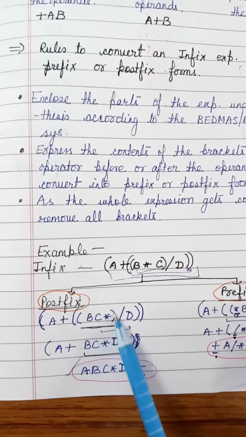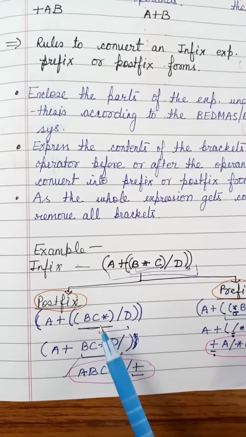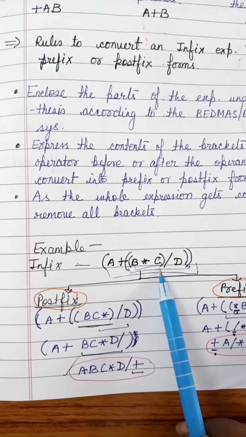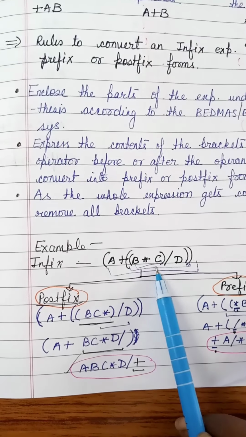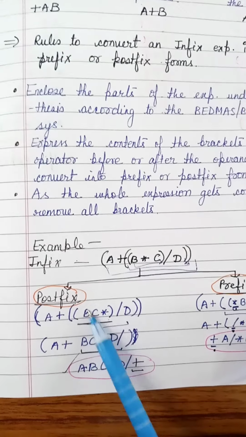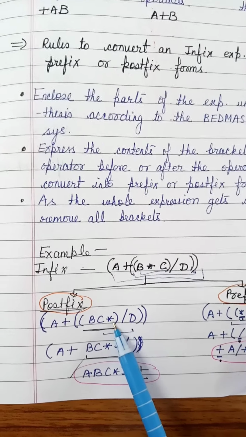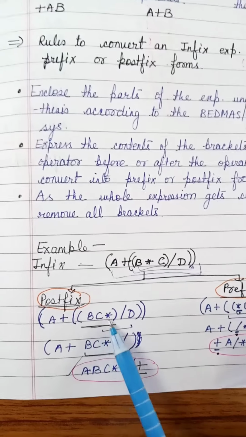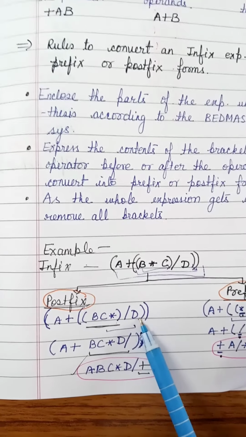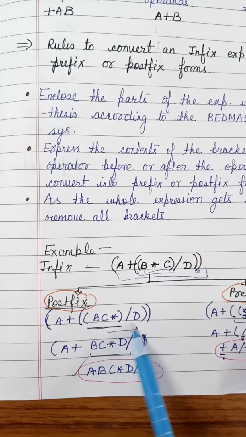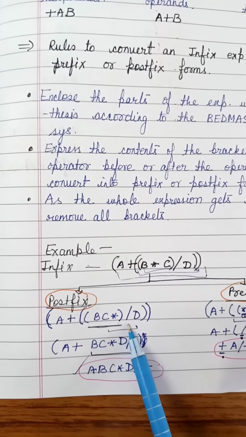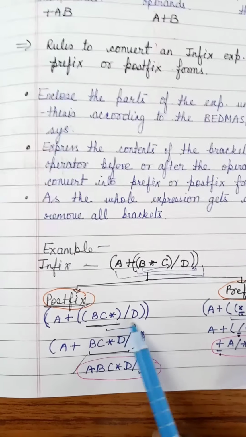The innermost parenthesis will be solved first. We have b into c. We have to write the postfix form. What will be the postfix of b into c? bc into. The operator is after the operands. So we will be getting a plus bc into upon d. Now we will evaluate the second bracket, bc into upon d.